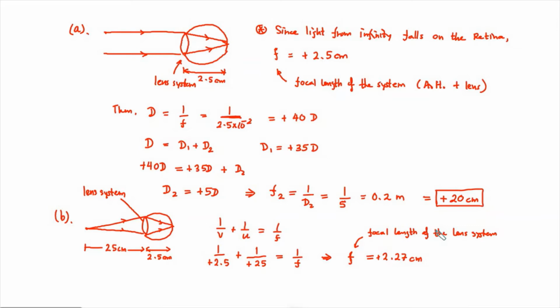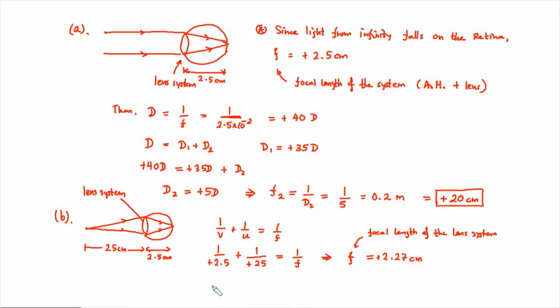In part B, the object is now 25 centimeters away from the lens system. So something has to change in terms of curvature, and the only thing that can change is the eye lens. The lens curvature can change, but as mentioned earlier in this problem, the aqueous humor is considered as a fixed focal length.